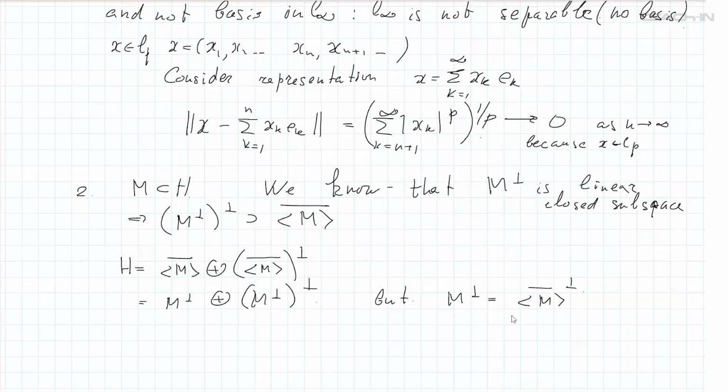How can we show it? First, of course, M lies in this set, yes? For the orthogonal complements, we have inverse embeddings, yes?